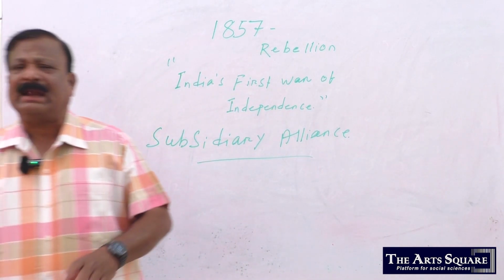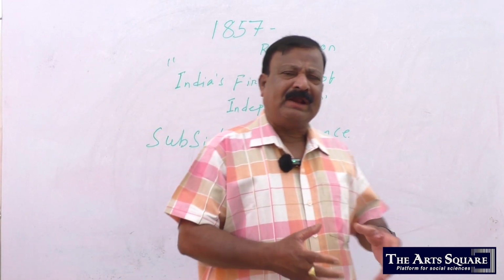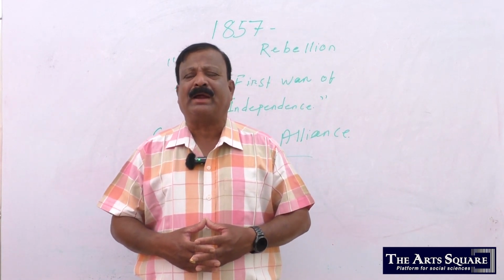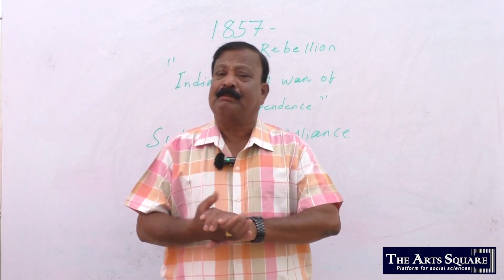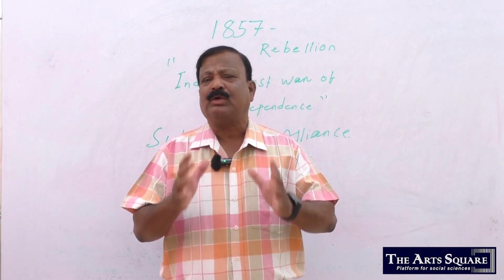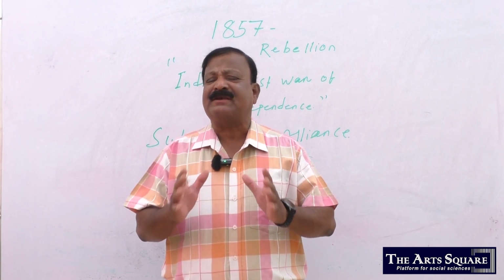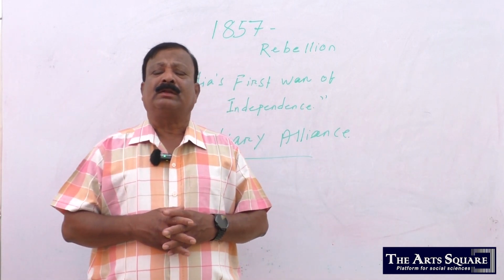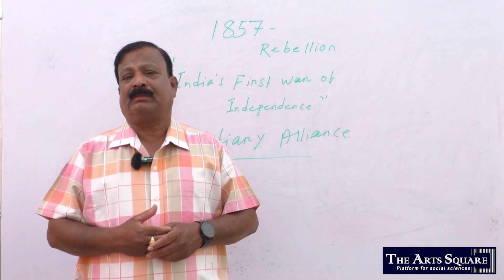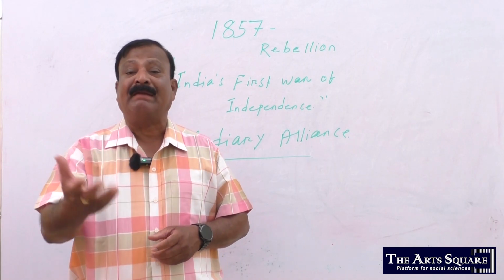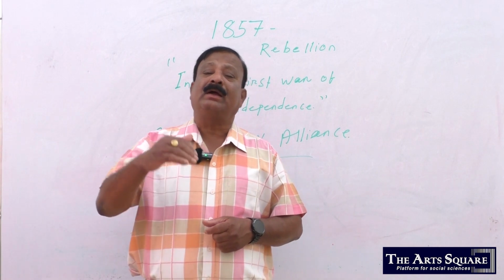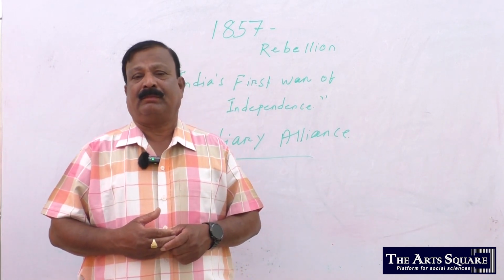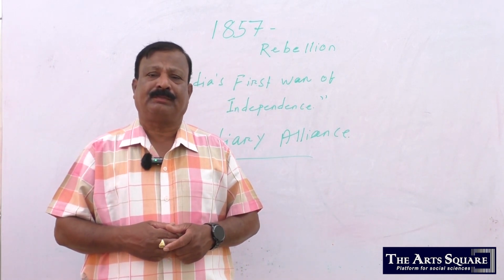The subsidiary alliance is a policy which was instituted by the British. According to this policy, the British will provide shelter and help to Indian rulers.